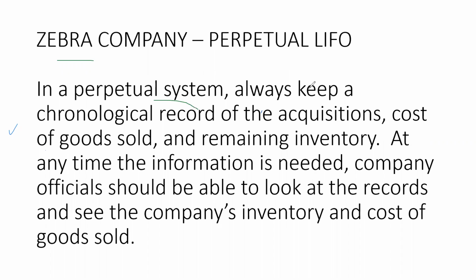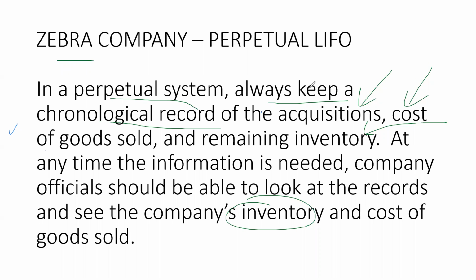In a perpetual inventory system, the key is that you keep everything immediately in a chronological record of what they acquire, what the cost of goods sold are, and the remaining inventory. The whole idea behind perpetual is that you can go to your computer and punch the right buttons, and it will tell you at any point in time what inventory you have and what the cost of goods sold is.